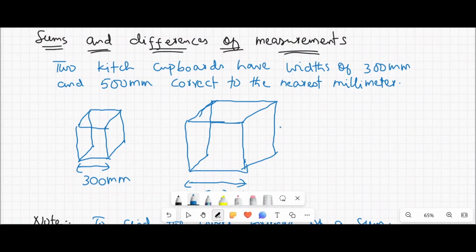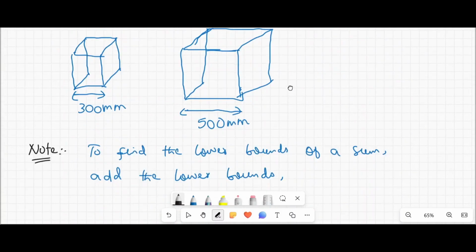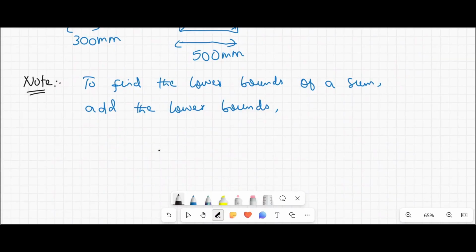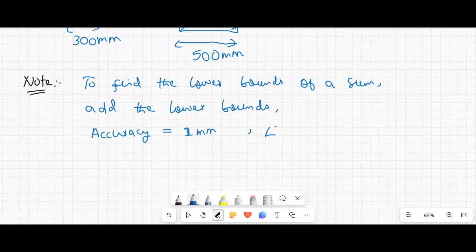It says correct to the nearest millimeter, so the accuracy is 1 millimeter. The error term here is 1 divided by 2, which gives 0.5 millimeter.